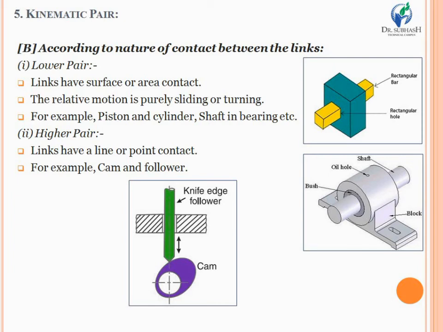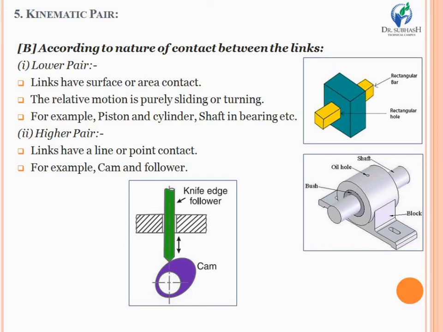For example, if you are taking a piston and cylinder assembly, or a shaft rotating inside a bearing, then there is not any kind of point contact, but there will be a common surface, or surface or area contact between two mating links or parts.